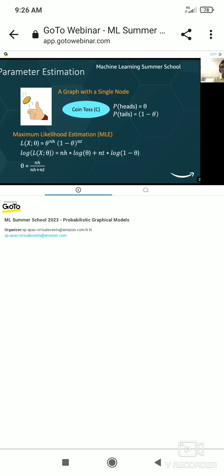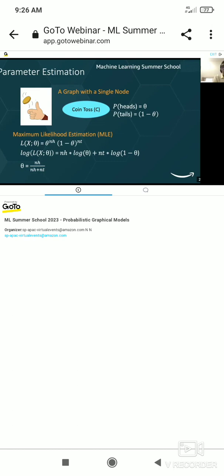Let's motivate this with a simple example of a graph with a single node and no edges. This is also a very simplistic example of a Bayesian network. Let this particular node be a coin toss, where the probability of heads is represented by theta, and the probability of tails is 1 minus theta.